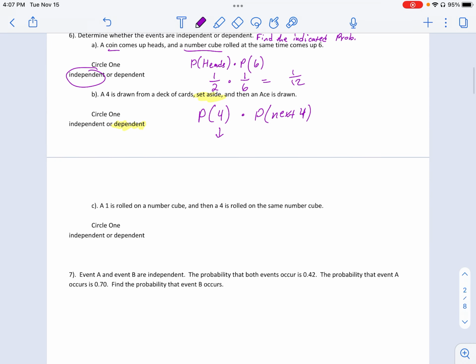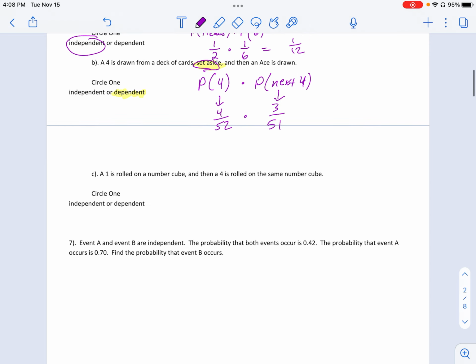The first 4, the deck has 4 4s, and there's 52 cards. On the next draw, the number of 4s went down, and the number of overall cards also went down. So both of these count down because I did not put the card back, I set it aside. If you'd like, reducing can help. This is 1 out of 13. This is 3 out of 51.